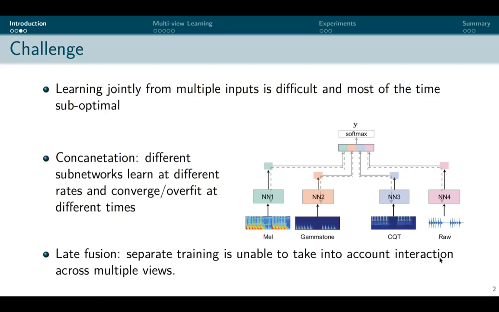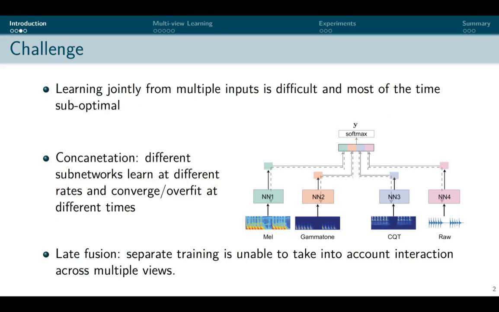The weakness of the concatenation scheme is that different subnetworks, like the ones I show in the figure here, in the big network may learn at different rates, and therefore they may converge and overfit at different times. Therefore, if we join the embeddings of different subnetworks together, that becomes suboptimal.